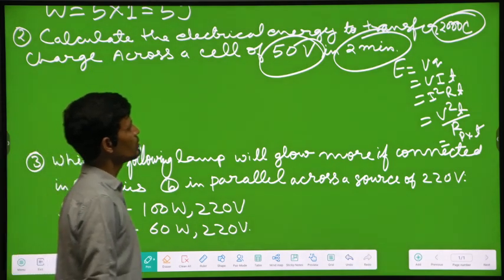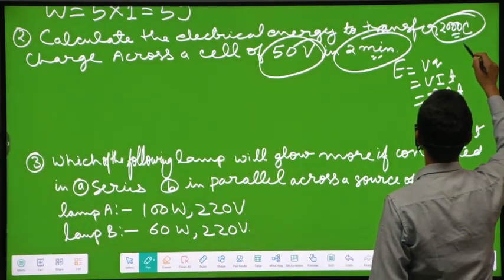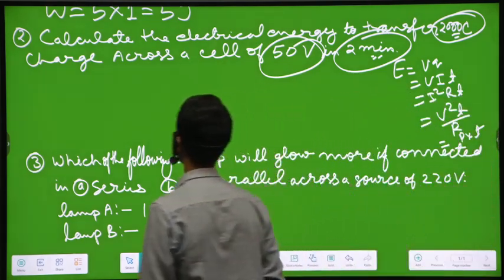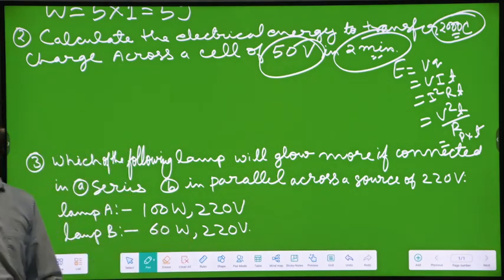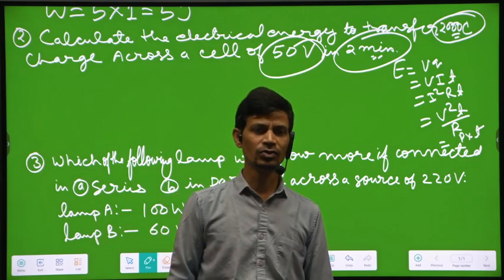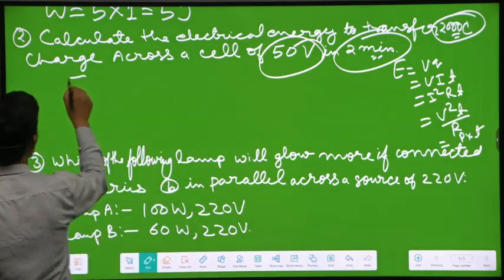So some of the students will go with this time and this value of charge, and I don't know what they will do, but see, if in the question many things are given, just see what is useful for us. We want electrical energy.